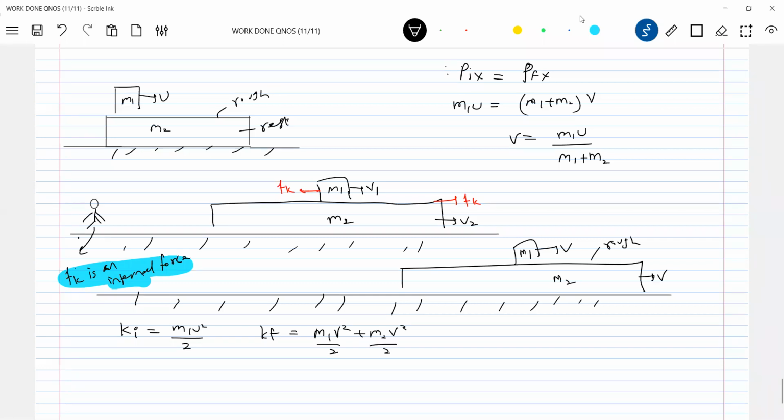Is Kf equal to Ki? We will cross check that. (m1 plus m2) by 2. What is v? v is m1 u by (m1 plus m2), whole square. You can see from here, m1 u square by 2 times m1 plus m2.